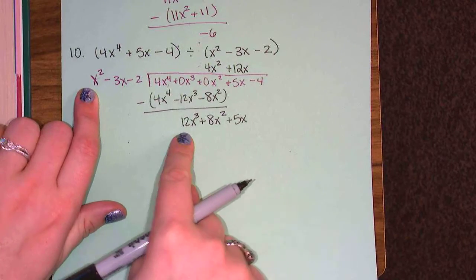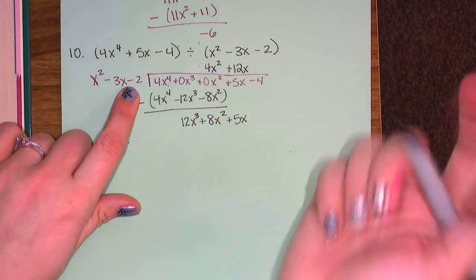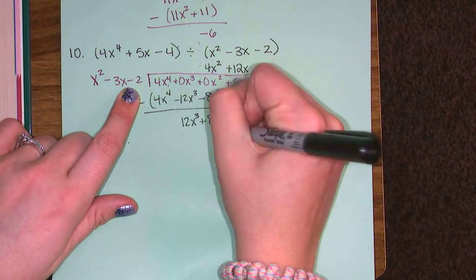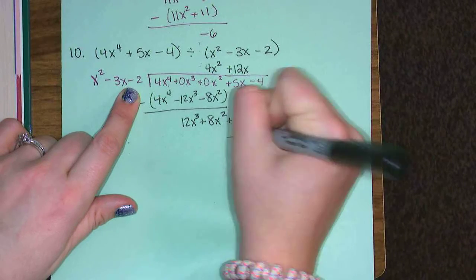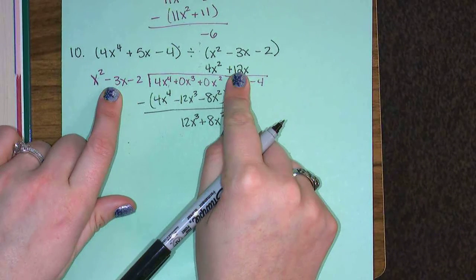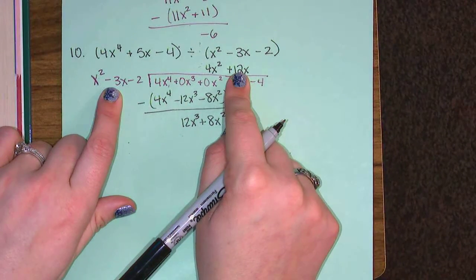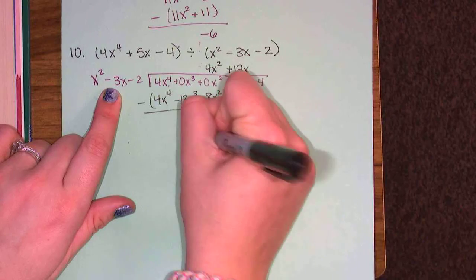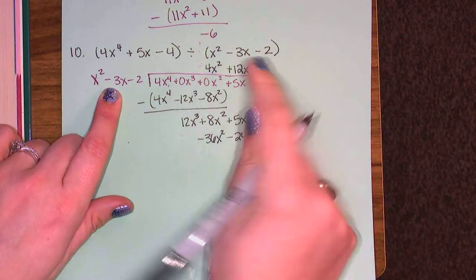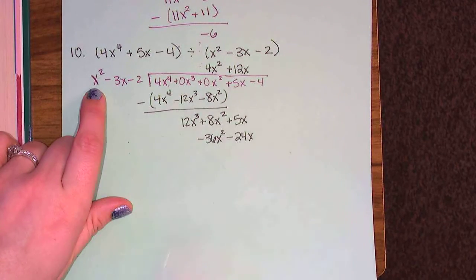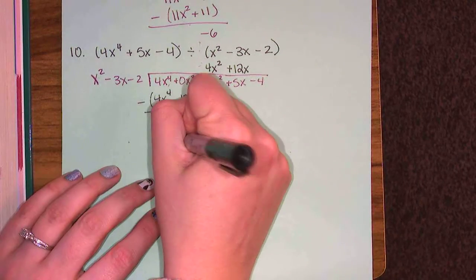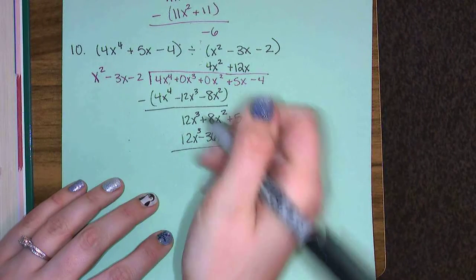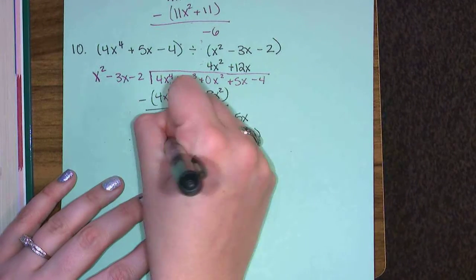So 12x times negative 2, negative 24x. 12x times negative 3x, negative 36x squared. And 12x times x squared, 12x cubed. And then I am subtracting all of that.